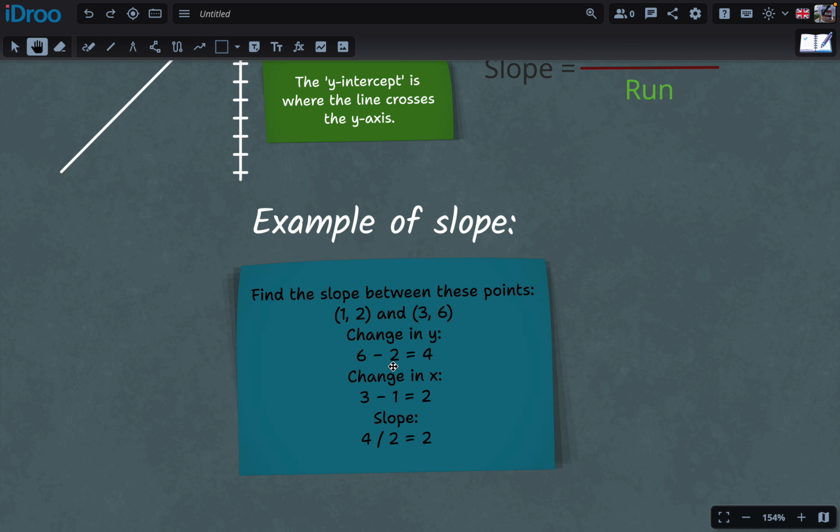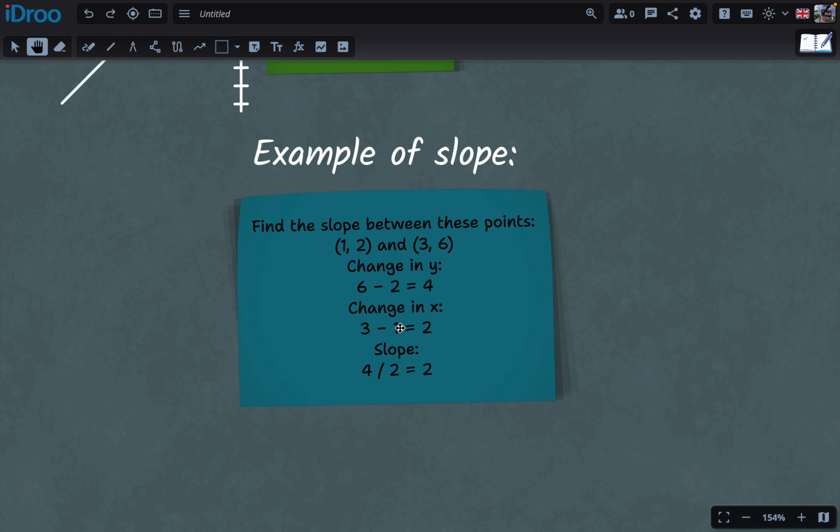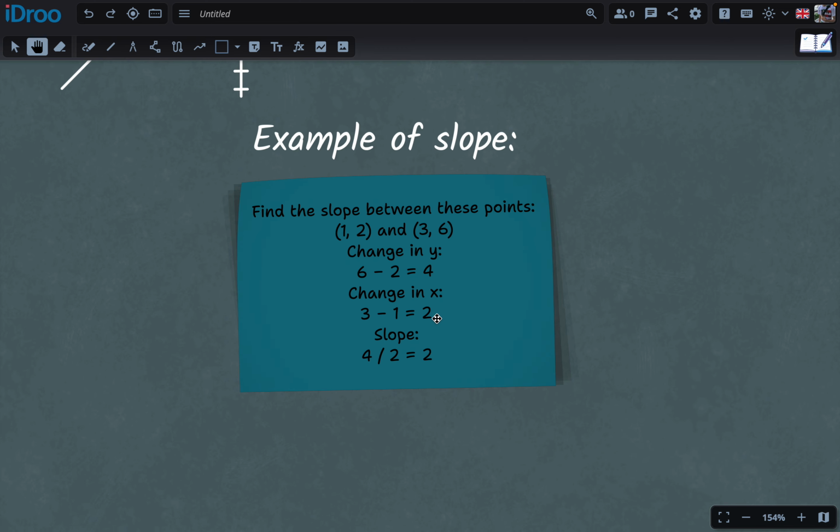We subtract 2 from 6, and in the x it's the same. We also subtract the old one from the new one, and 3 minus 1 is 2.